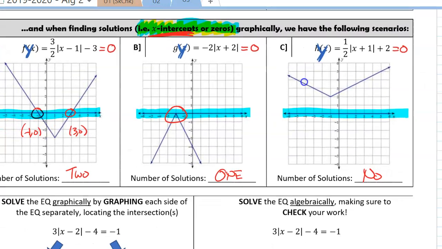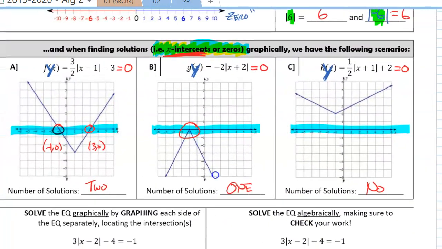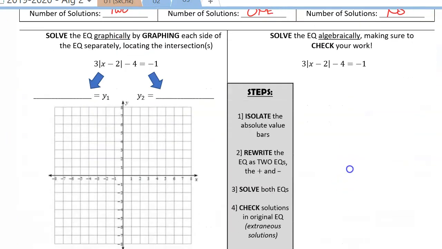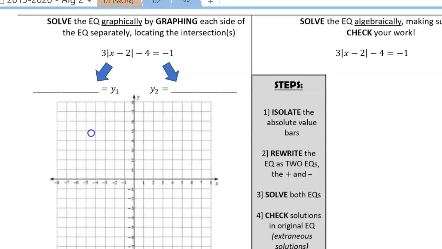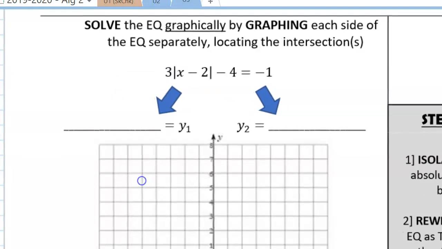So this idea of looking at the graphs and seeing where it equals the x-axis is very helpful, because when we look to solve an equation algebraically, we can actually interpret the equation not as just something that we need to do algebra on, but we can take this equation and split it into 2 pieces. We can look at the left-hand side and the right-hand side as 2 separate graphs.